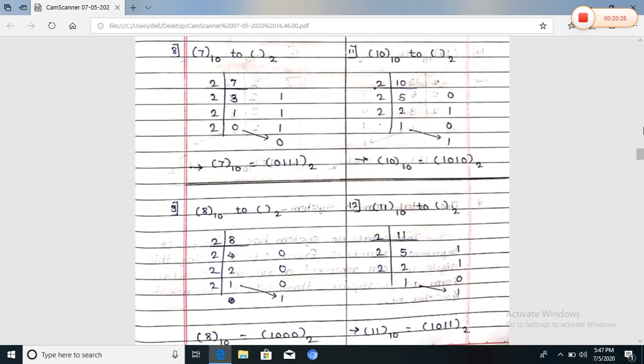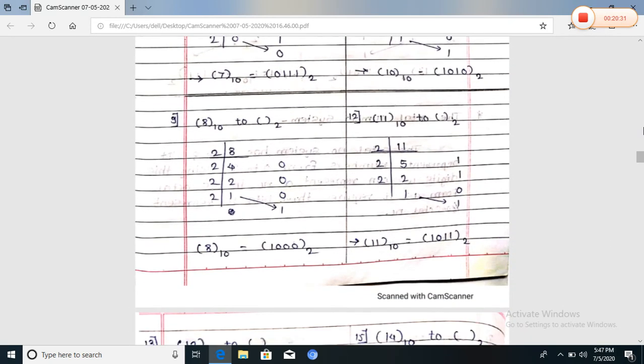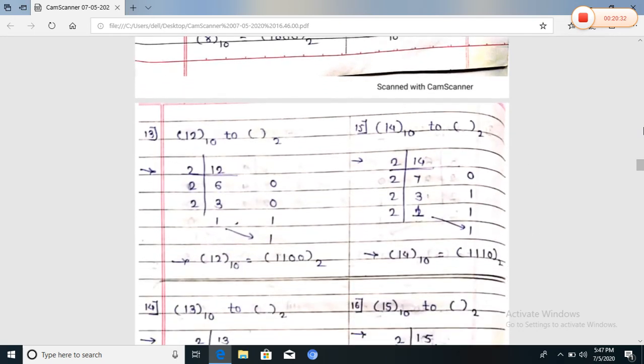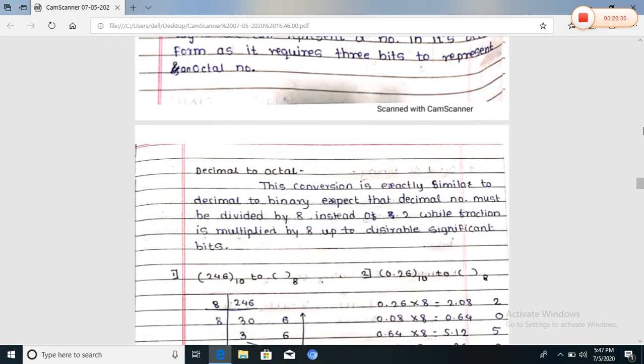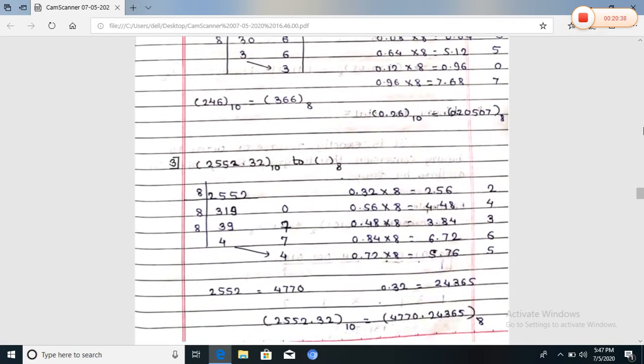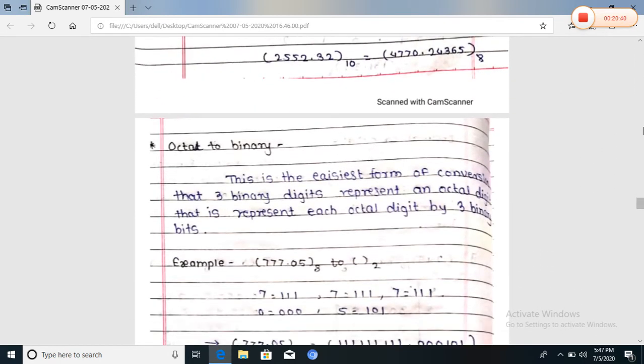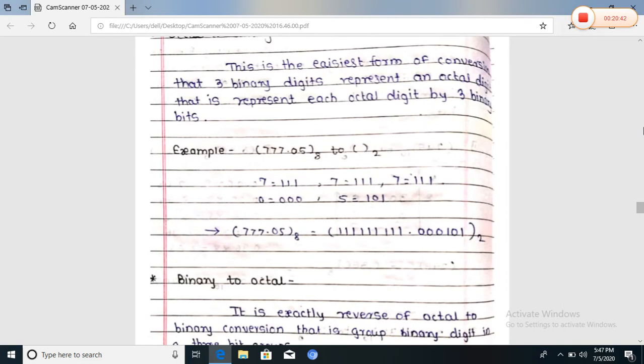This is the number system represented in octal. So that is the example for octal to binary, for the number 777.05. 7 is represented as 1 1 1, because this is the easiest form of conversion: 3 binary digits represent an octal digit, and in binary only 3 bits are used.